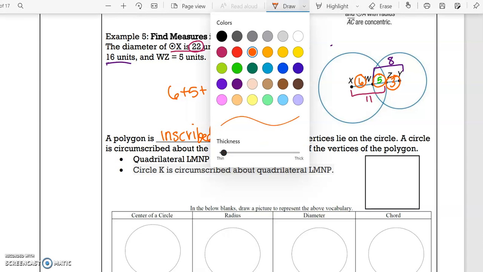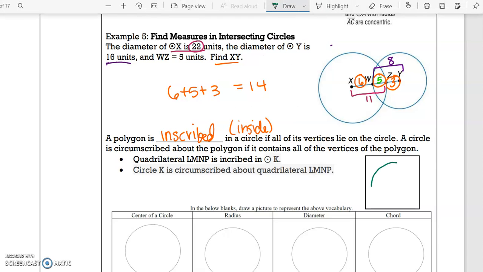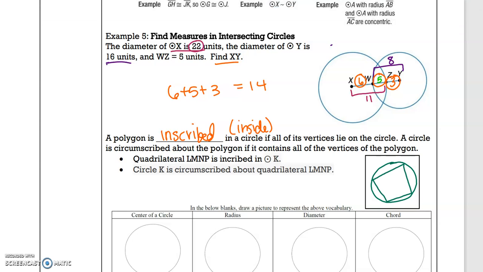So we're going to draw a circle, and then we're going to go ahead and put a quadrilateral with kind of chords, basically, kind of a trapezoid-ish looking thing, with a point in the center of K, because it is circle K, and then each vertex L, M, N, P, there. So now we have a polygon that is inscribed in a circle.